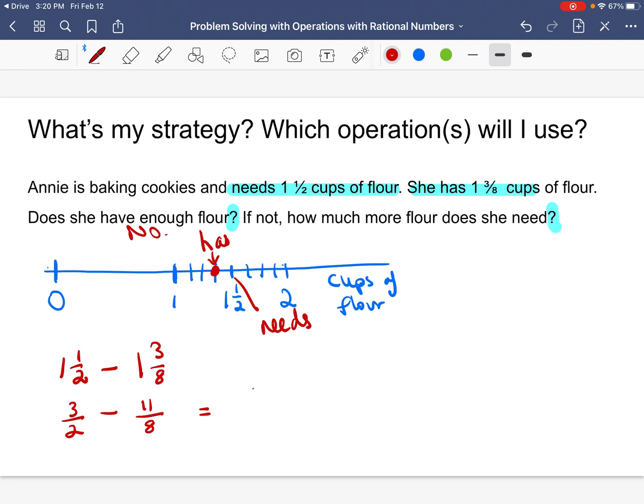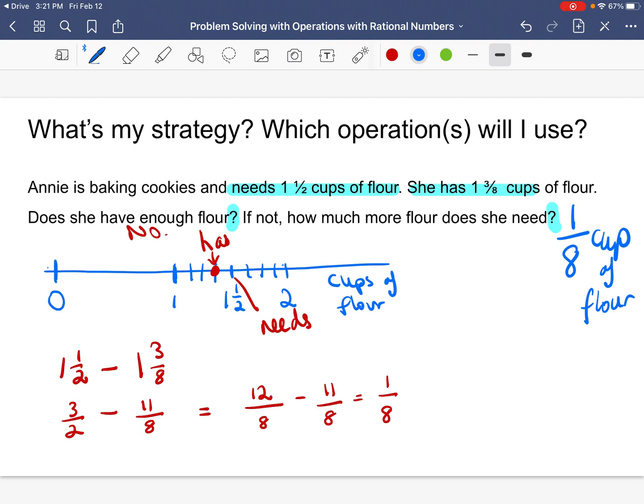So 4 3s, 12/8 minus 11/8 is 1/8. So she needs 1/8 more of a cup of flour. And you notice that I wrote the units. 1/8 of a cup of flour is what she needs.